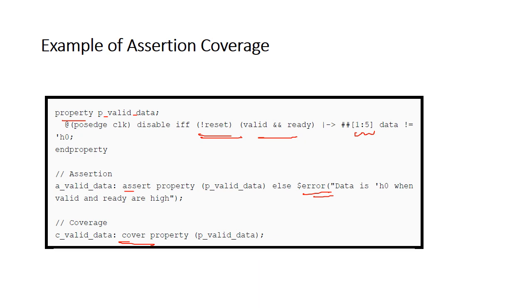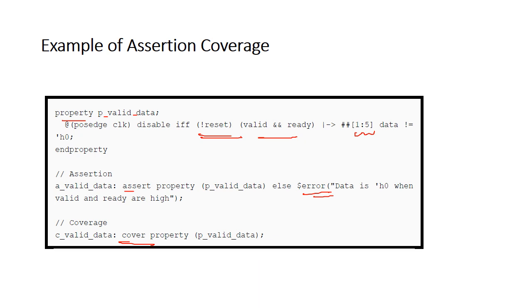The assert statement that you can find here is going to check this property during the simulation process, and it is going to report any error if the property is violated. Whereas the cover statement is going to collect the coverage data for this property, incrementing a counter each time the property is true.